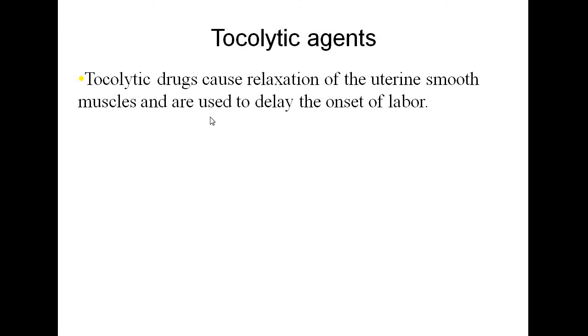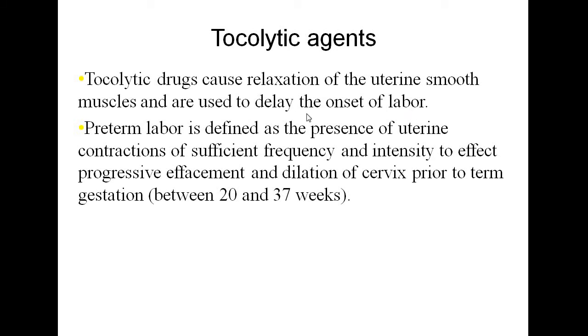Next, coming to the tocolytic drugs. Tocolytic agents are drugs which cause uterine relaxation. Now, these drugs are mainly used to delay the onset of labor. This is indicated when there is preterm labor. Now, what is preterm labor?